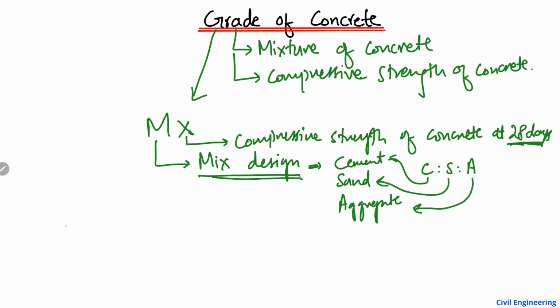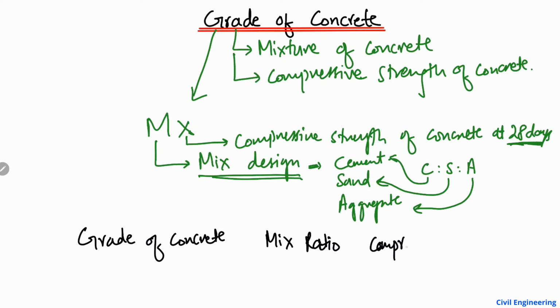So let's start with the grade of concrete, and then the mixture ratio, the design mix ratio, and then the compressive strength of the concrete, and then the compressive strength in megapascal, and then the compressive strength in psi, pounds per square inch.